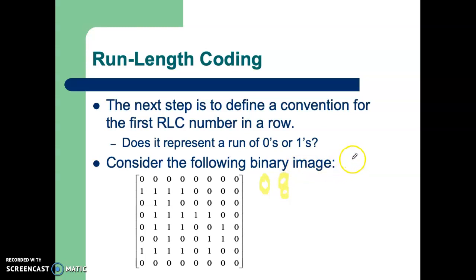So this is vertical and counting 1. There is no 1, so 1 is 0, and then 8, 0.